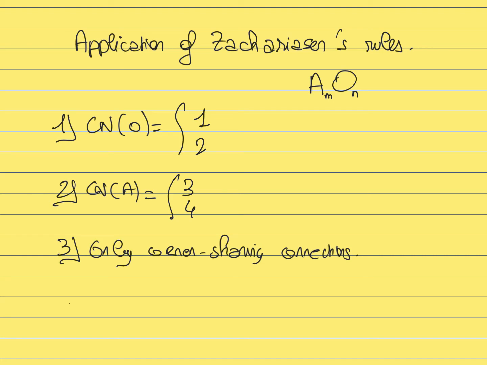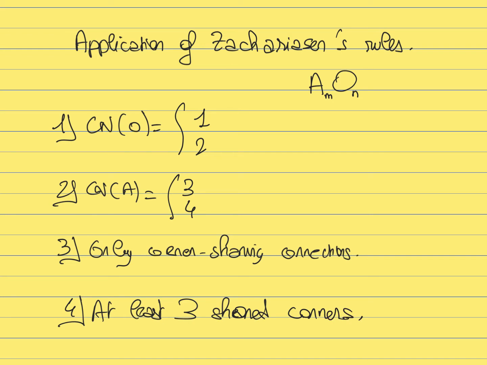And then the fourth rule is about the number of corners that are shared between the polyhedra around the cation. Around each cation, at least 3 corners need to be shared with other cations. You cannot have too many corners of the polyhedra that are terminating. At least 3 of them need to be shared.